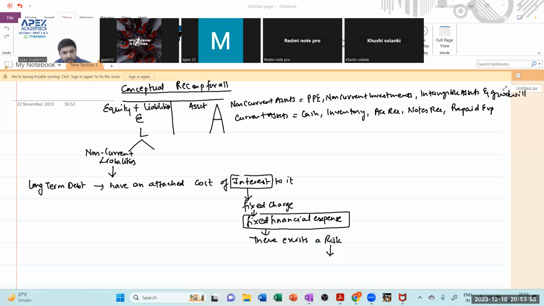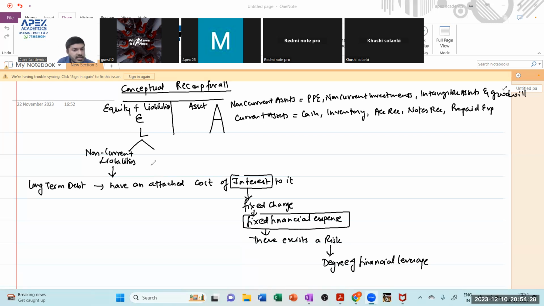This risk, because it is owing to fixed financial charge, is called the degree of financial leverage. Does everybody agree with my statement? Understanding everybody? Yes or no?